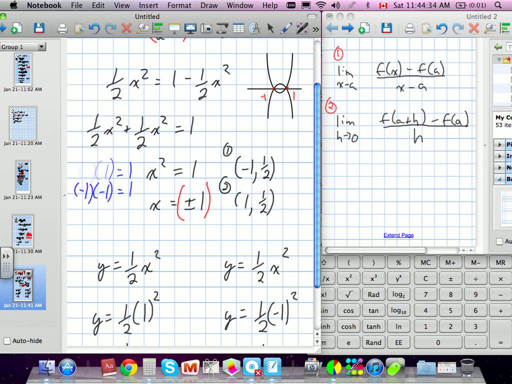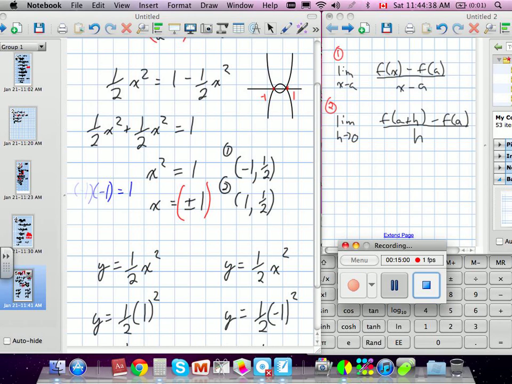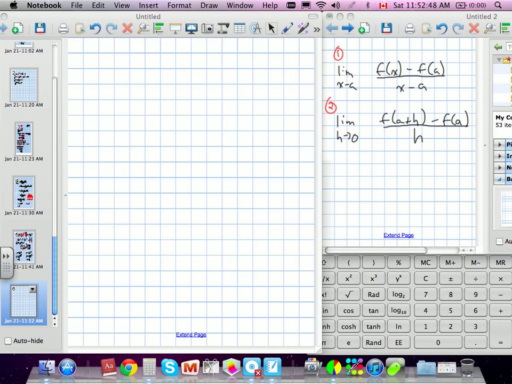Okay, so we're going to use the second method here to prove what we've just done, where those two parabolas cross each other. We need to find tangent lines. So we're going to find the limit as h approaches 0. In this formula, and remember our original equation is y is equal to a half x squared, we have f at a plus h minus f at a, divided by h.